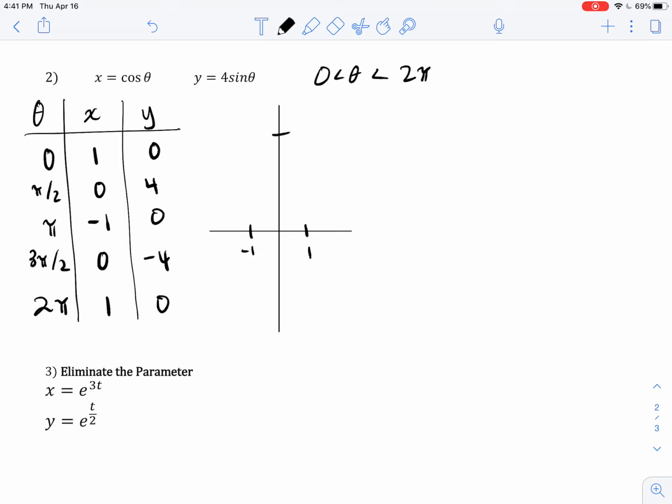And my y values go from +4 all the way down to -4. When x is equal to 1, I get 0. When x is equal to 0, I get 4. And just plotting the rest of the points, we should get something that looks a little bit like this. And not the best looking curve there, but you get the idea.